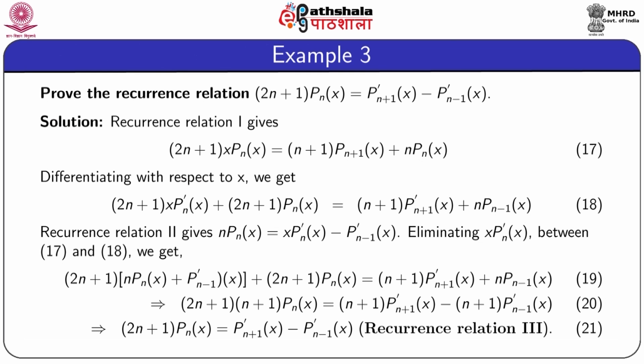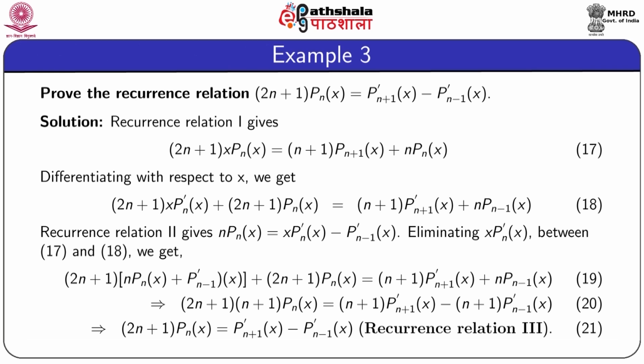We next look into example 3, where you have to prove the recurrence relation 2n plus 1 p n x is equal to p dash n plus 1 x minus p dash n minus 1 x. We start with recurrence relation 1, which we have already proved, which gives 2n plus 1 x p n x is equal to n plus 1 p n plus 1 x plus n p n x.